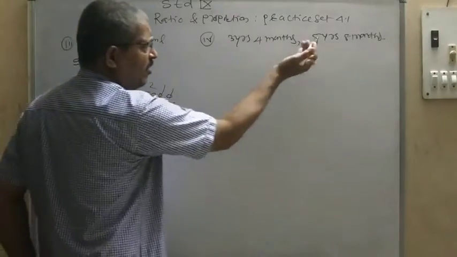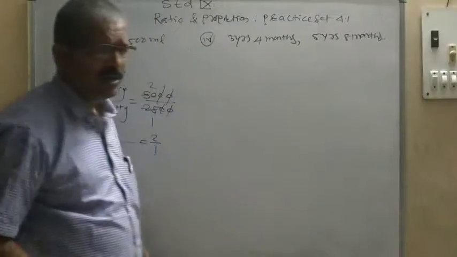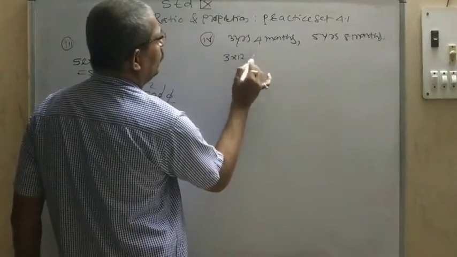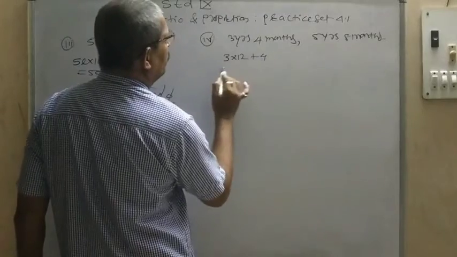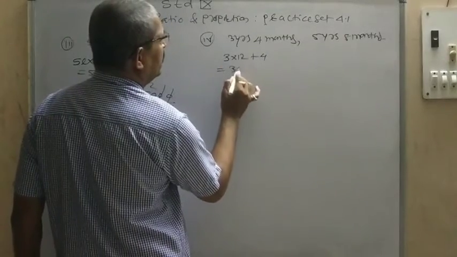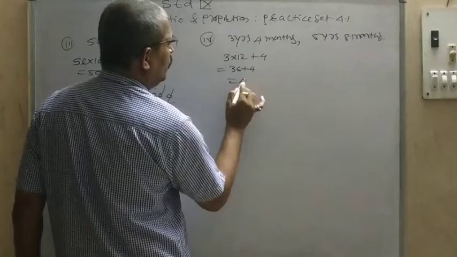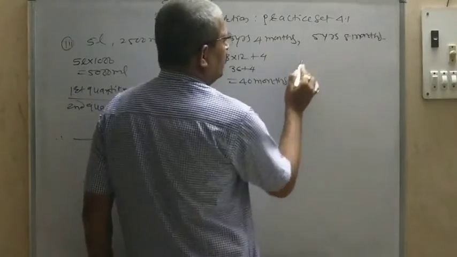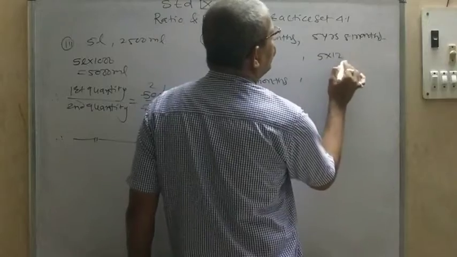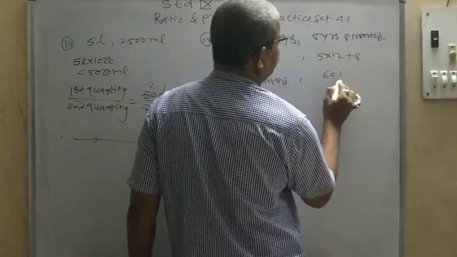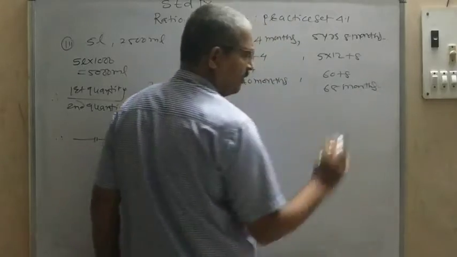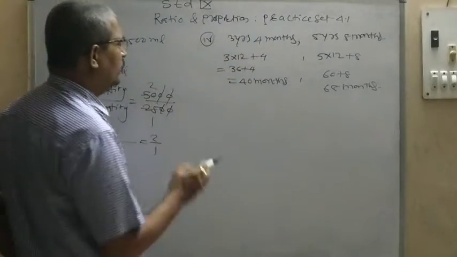In a similar way, here both the terms should be converted into months. So 3 into 12 plus 4 means 12 threes are 36 plus 4, you will get 40 months. And here is 5 into 12 plus 8 means you will get 68 months. Okay? Then what to do?